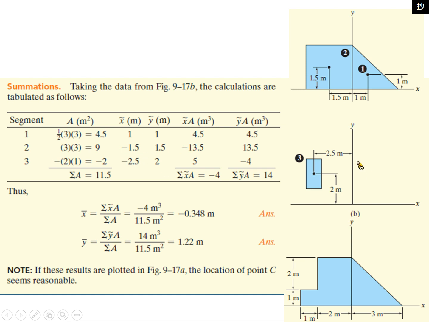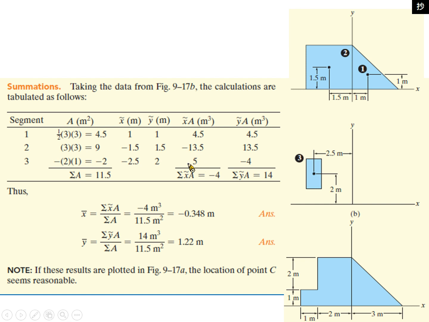So the average distance is negative 2.5. And then for y value, the lever arm is 2. So we use area negative 2 times the average x distance, negative 2.5. Negative times negative becomes positive.